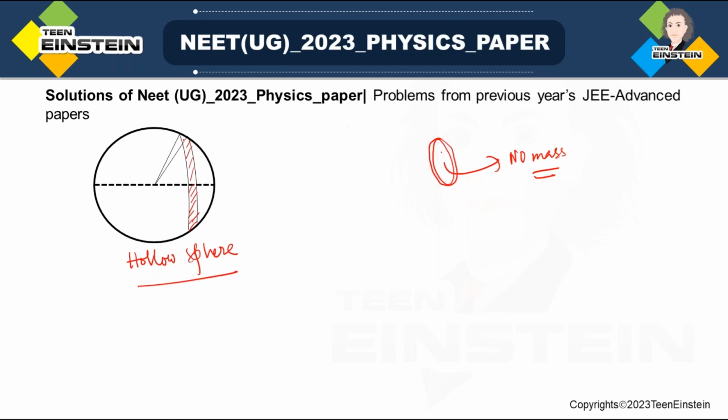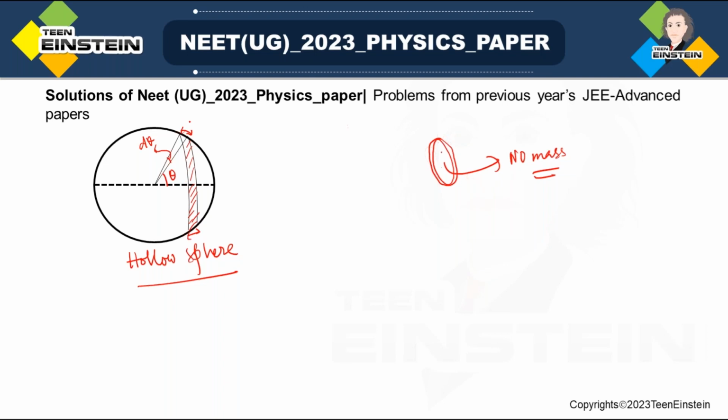So we consider such a thing over here, and let us say this angle is theta, and these are anyway r, and this small angle is d theta. So this thickness, you can see this thickness, is r d theta.